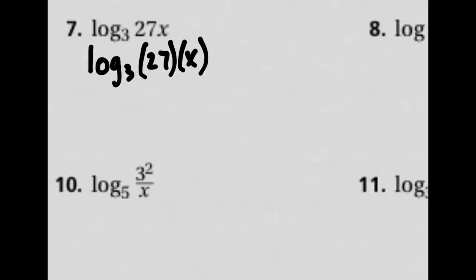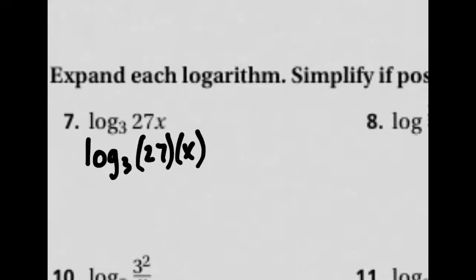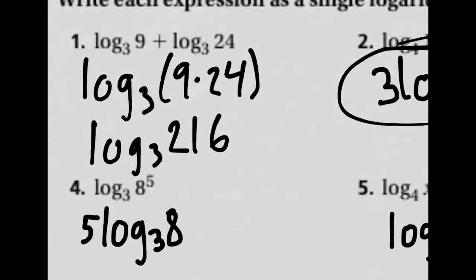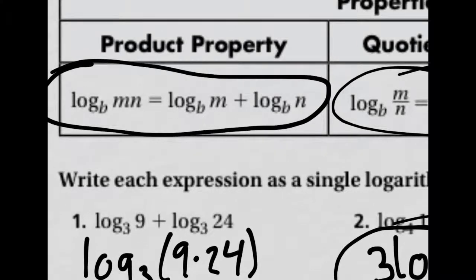Let's see, log base 3 of 27x. I can split up the 27x as log base 3 of 27 times x. It's one of the first things that I can do. Since I see a product of 27 times x, if I'm trying to split it up into two logarithms, it's going to be addition, just like this one. m times n turns into log of m plus log of n.